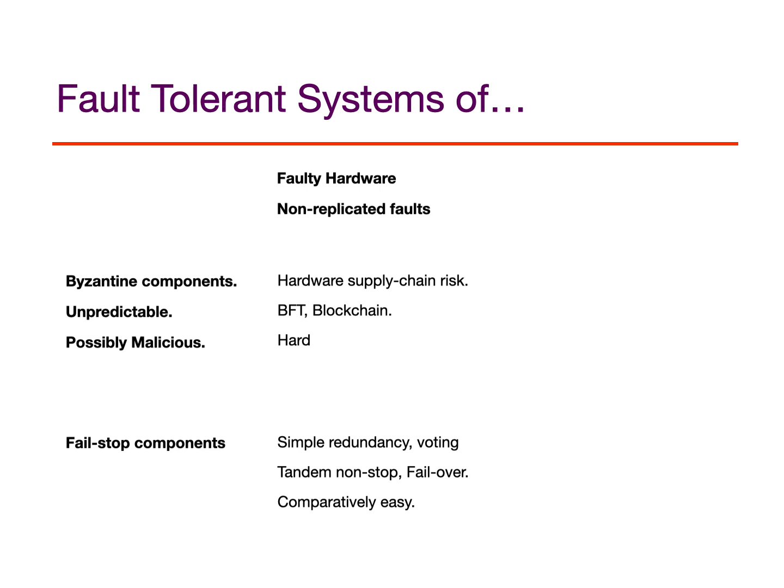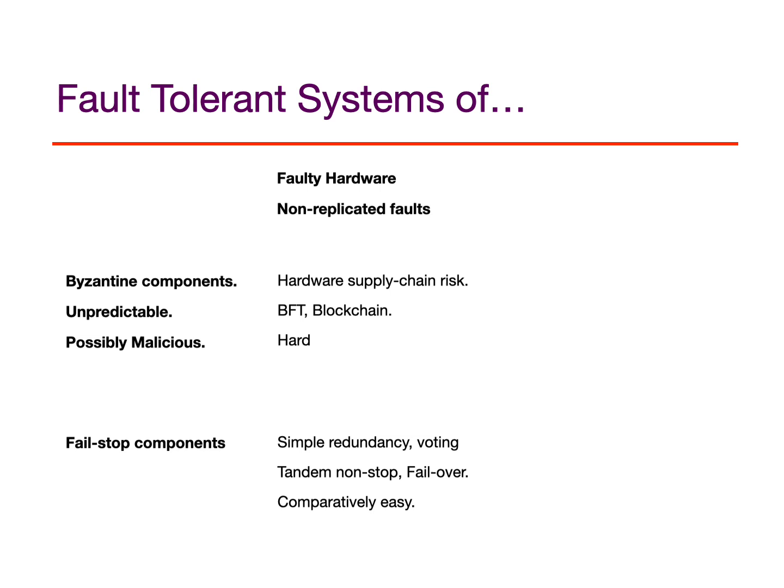So that brings us to the larger question of how one builds fault-tolerant systems and what fault-tolerant systems are trying to survive. So there's the conventional dichotomy of building fault-tolerant systems out of Byzantine components versus fault-tolerant systems out of fail-stop components.